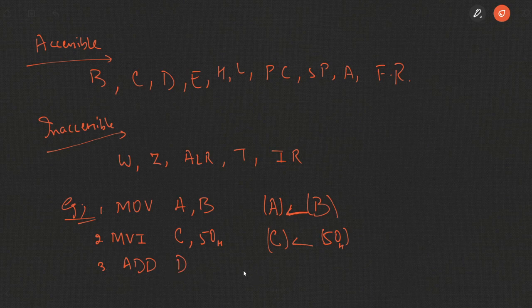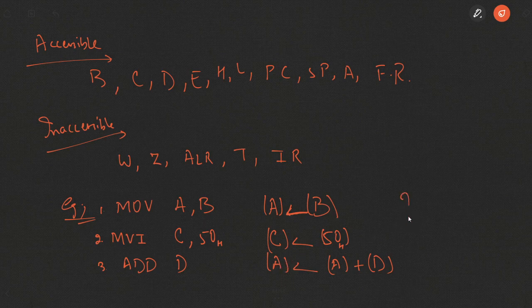Whenever an arithmetic or logical operation takes place, one of the operands is always in the accumulator, and the second operand will be either in memory, in the temporary register, or in a register. Here the contents are in register D, so it will be added to accumulator A, and the result will again be put in the accumulator.